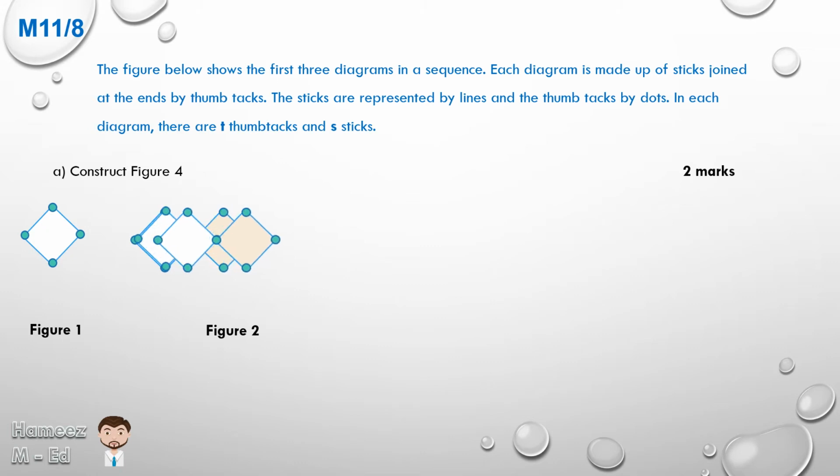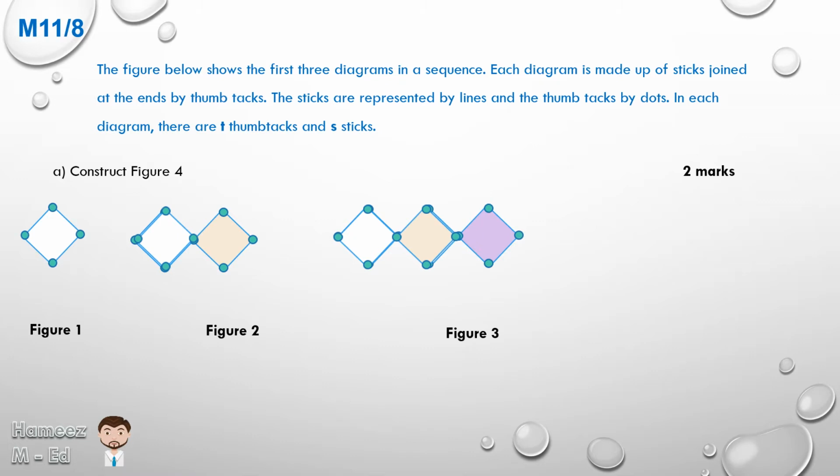So let's extract figure 2 and create figure 3. From figure 3, as we try to draw each square in a different color, we can tell that figure 2 is there. And how do we get the extra part? We add 4 more sticks, just as usual, maintaining that pattern. 4 sticks in the first diagram, 8 sticks in the second, 12 sticks in the third.